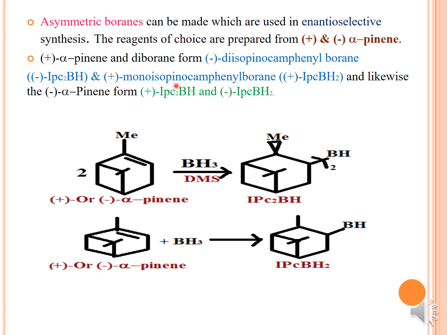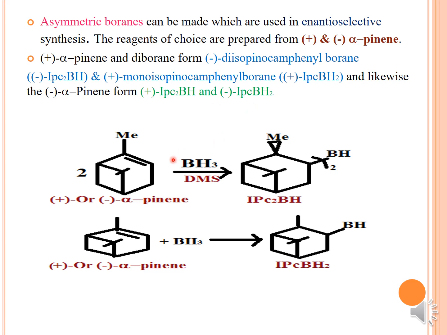You will have one more as the minor product, that is plus monoisopinocampheyl borane. Likewise, if you are taking the minus alpha-pinene, you will have the plus Ipc2BH and minus IpcBH2. Both of the enantiomers you will get.